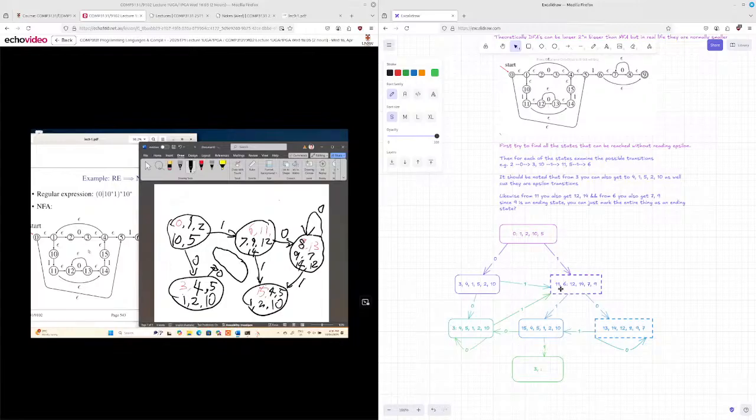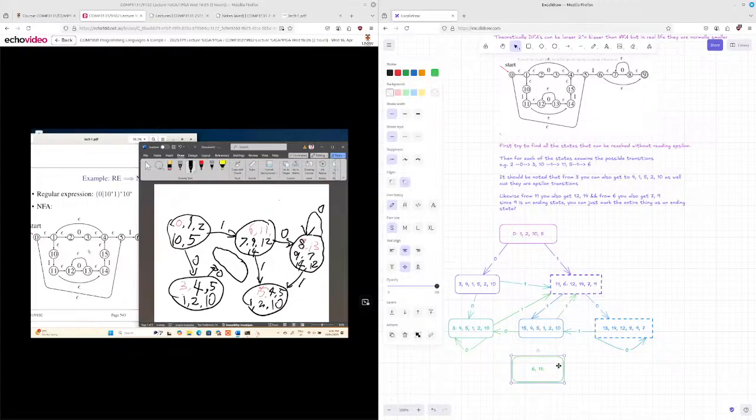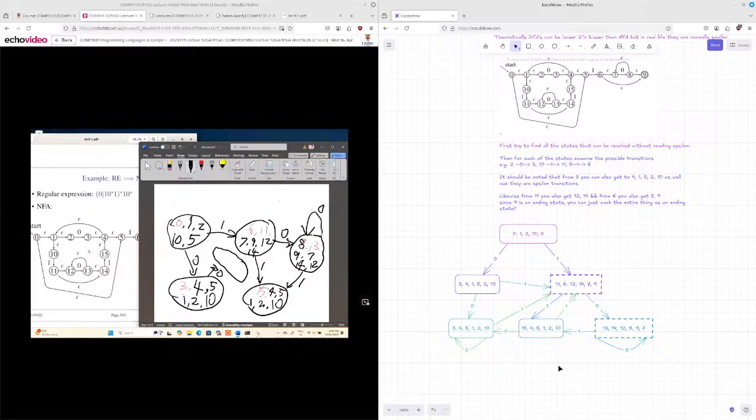Okay, so let's try 1. 15 through 1, nothing. 4 through 1, nothing. 5 through 1 gets you 6. 1 through 1 gets you nothing. 2 through 1 gets you nothing. 10 through 1 gets you 11. Okay. Nice. I'm happy with that.